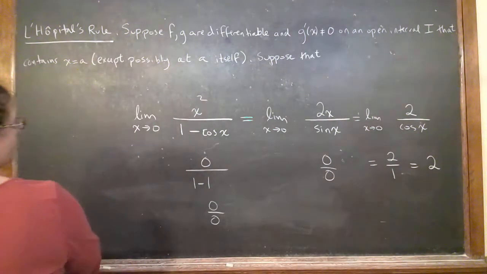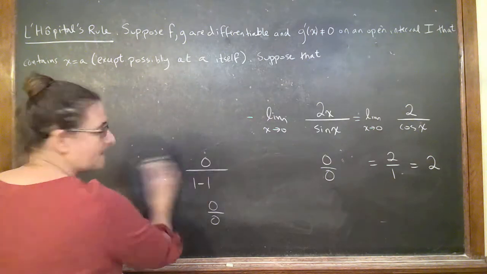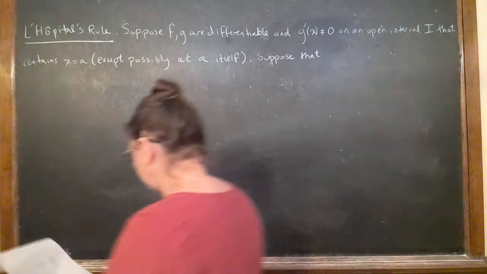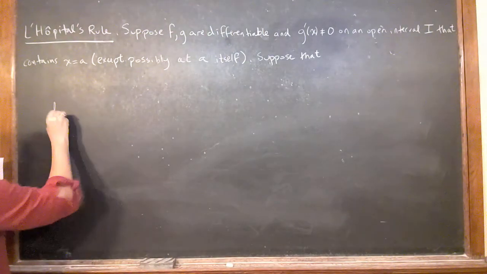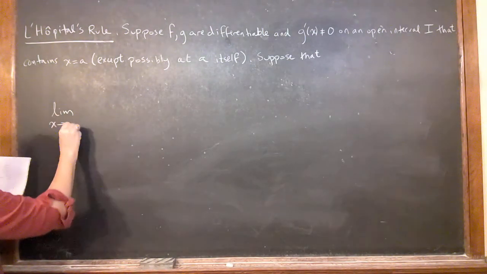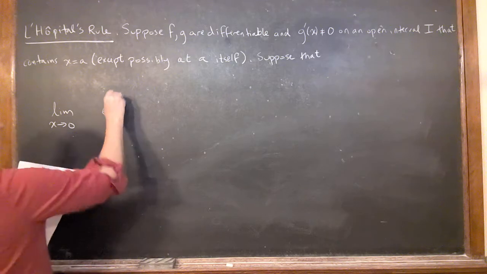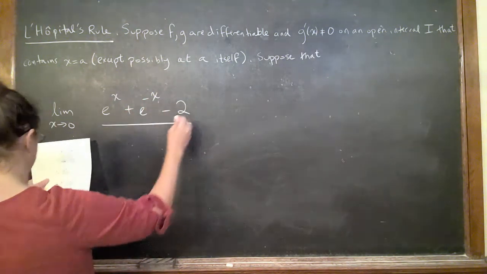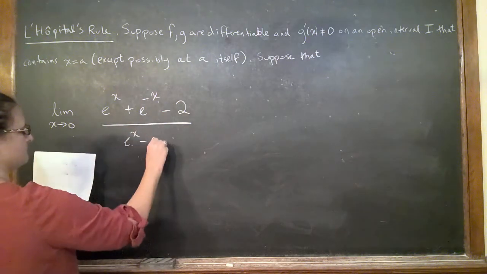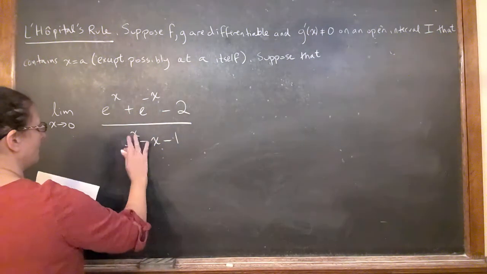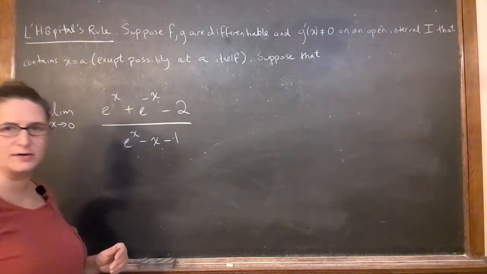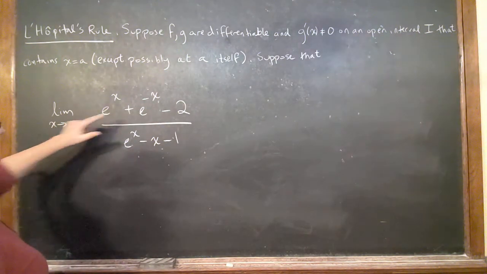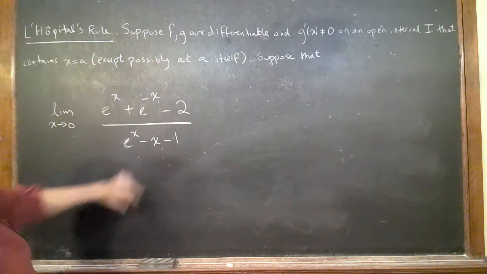All right, let's look at another one. Okay, that looks kind of cruddy, right? e to the x plus e to the minus x over 2, minus 2 in the top, and e to the x minus 1 in the bottom.